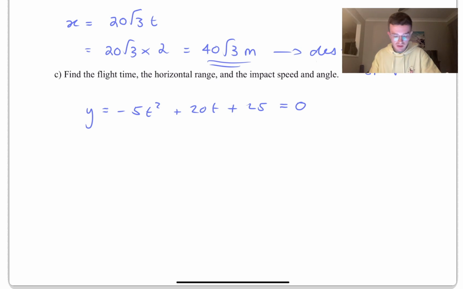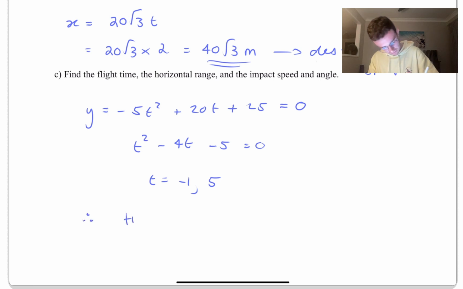If we make that equal to 0, we might divide everything by negative 5. That's going to get us t is equal to minus 1 or 5. So therefore, time of flight is 5 seconds.